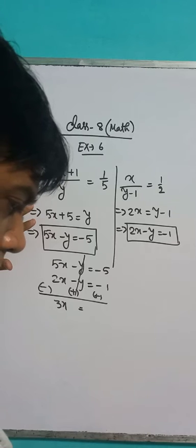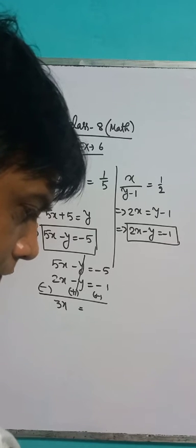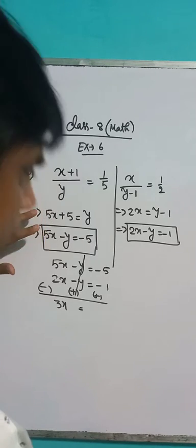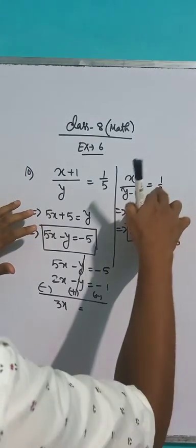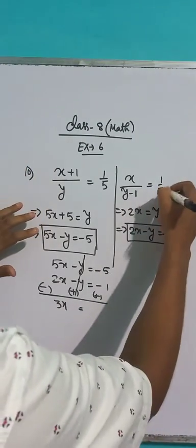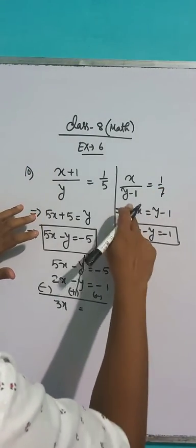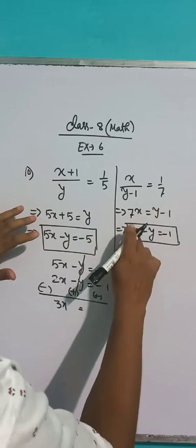if 1 is taken from the denominator, it becomes 1 by 7. That's why I did it wrong. It is 1 by 7, which means this will be 7x.